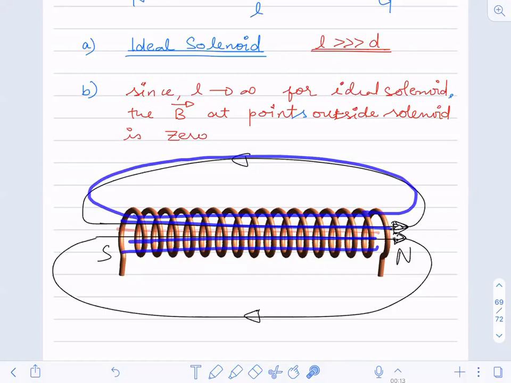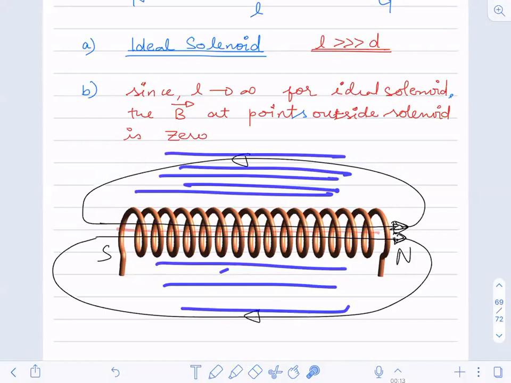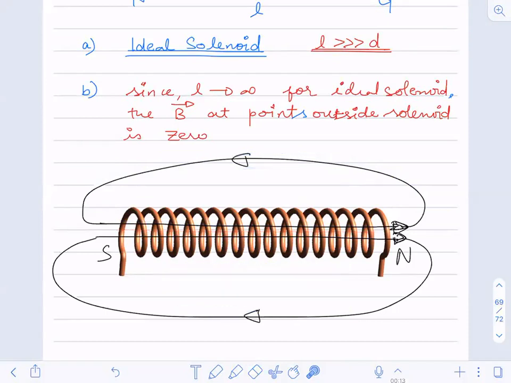No, they will not. And because they are not coming back, the magnetic field outside the solenoid, where I'm drawing these straight lines, will be considered to be zero. And what is the reason for this?